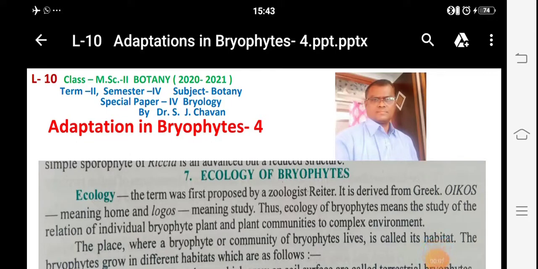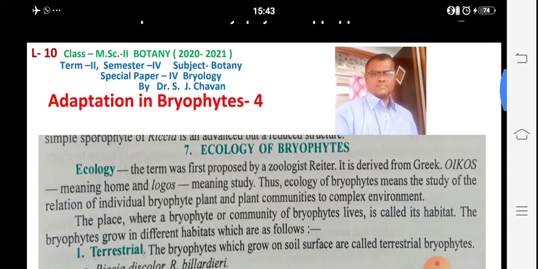Okay, so we have started our credit number 3, and here in the adaptation of bryophytes we have already seen 3 lectures. So again, with reference to this, generally we have to see about the ecology of the bryophytes.